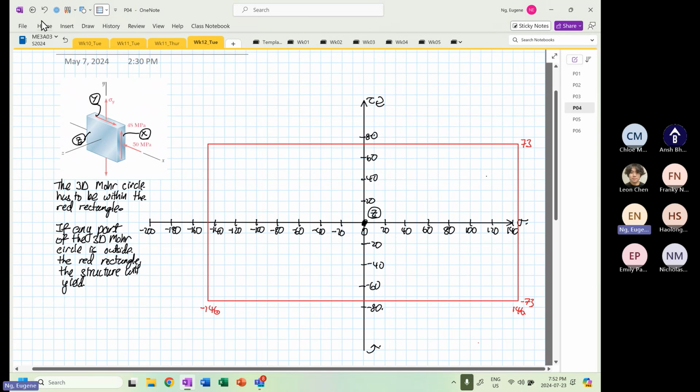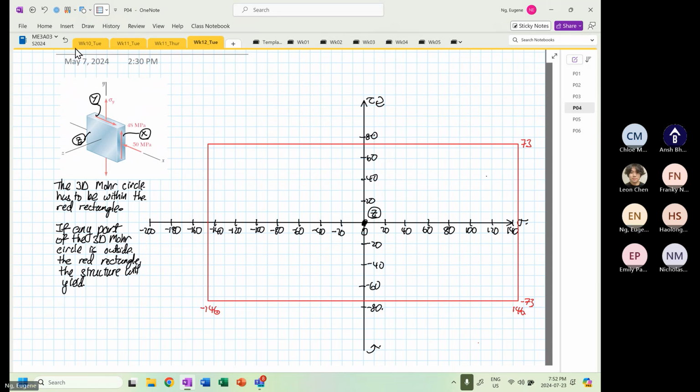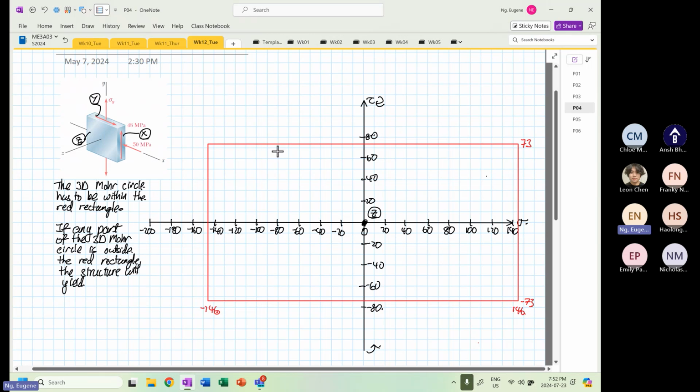The only information we have is our point X. So we're going to point out the location of our point X. It's at minus 50, and then the shear is at 48.